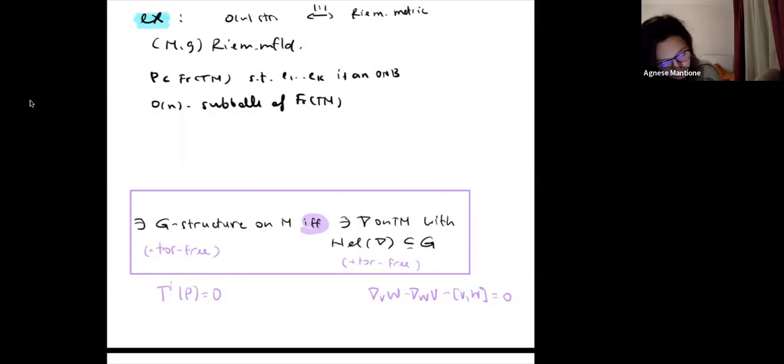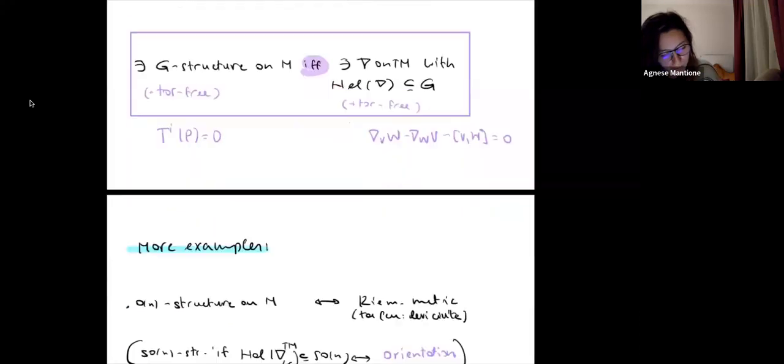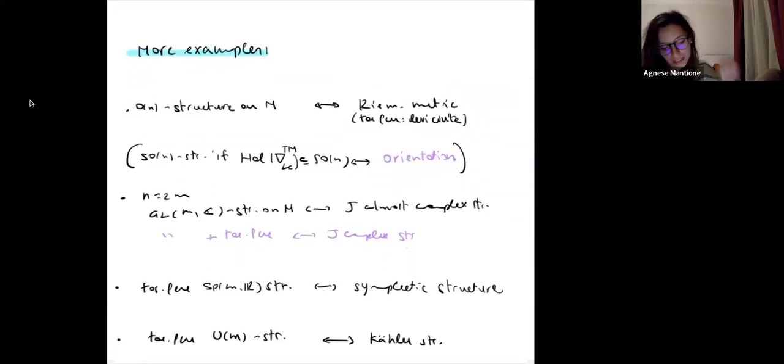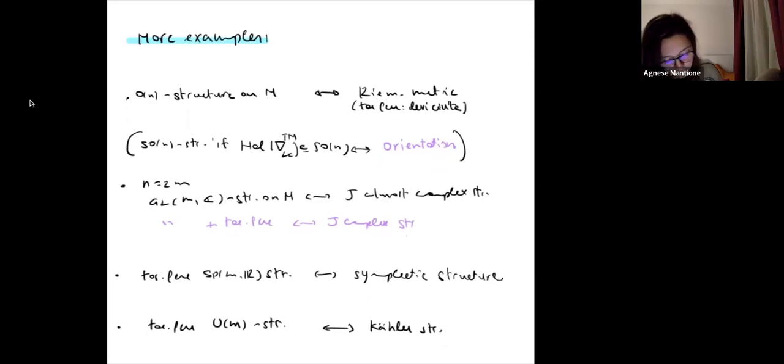Now I want to mention a few more examples of G structures. Before, we said what a Riemannian metric is, and what an orientation on a Riemannian manifold is. We have probably also heard about complex manifolds, which are manifolds with a torsion-free GL(m,C) structure.